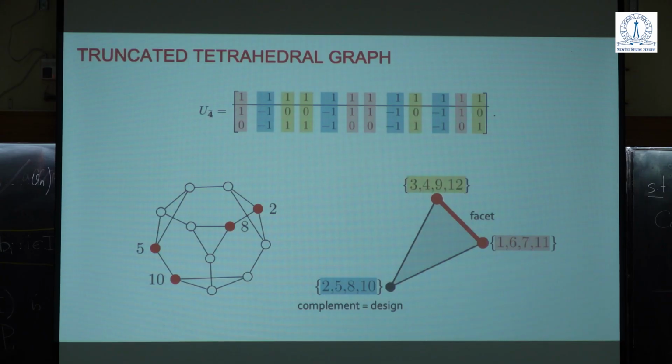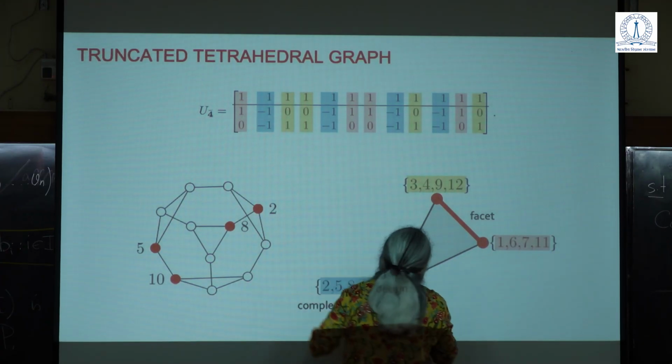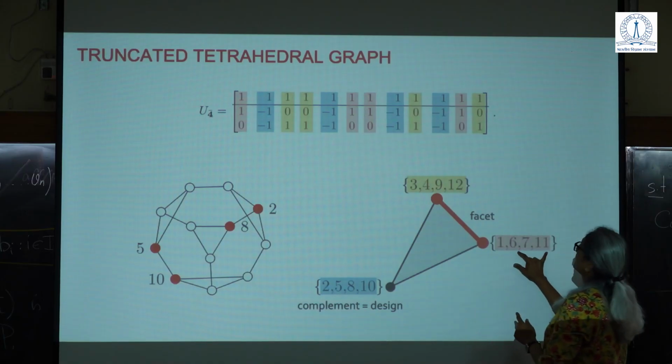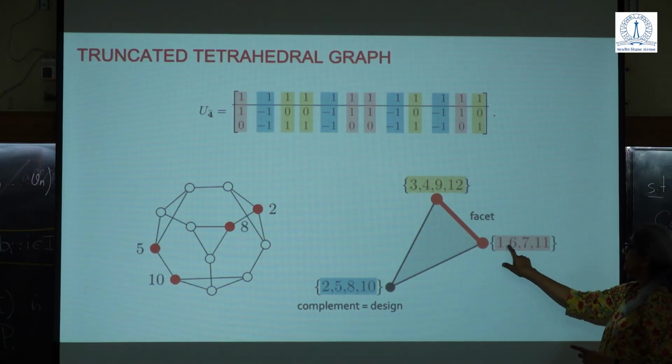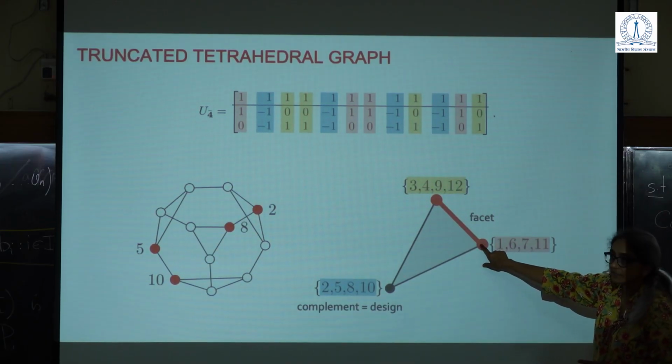But if you stare at it, you see lots of columns are doubled up. All the pink columns are the same, the blue columns are the same, the yellow columns are the same. So when I take the convex hull, it's not a 12-gon, it's actually a triangle. All the pink is columns 1, 6, 7, and 11, which go to one point, the point 1, 0.